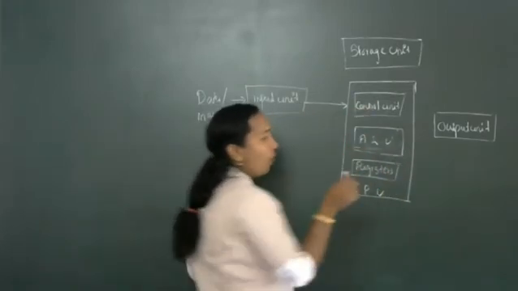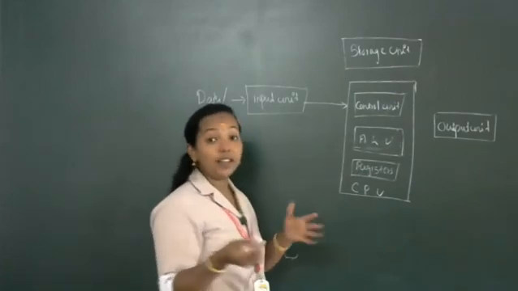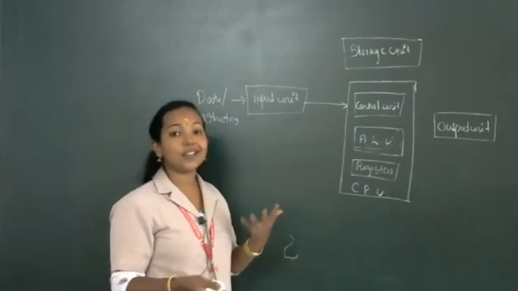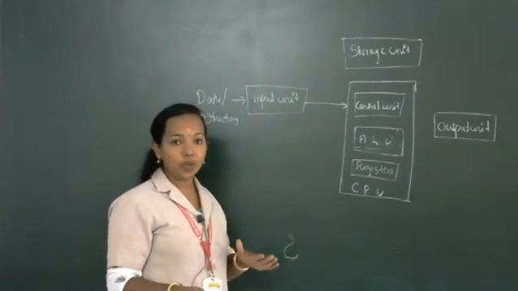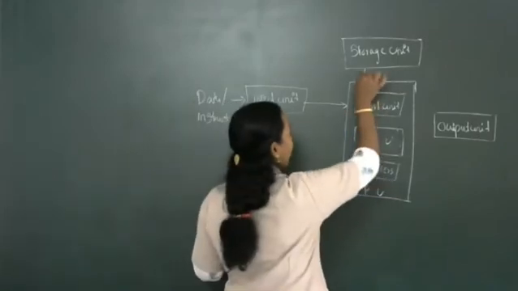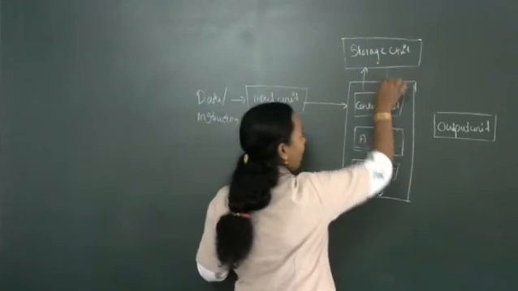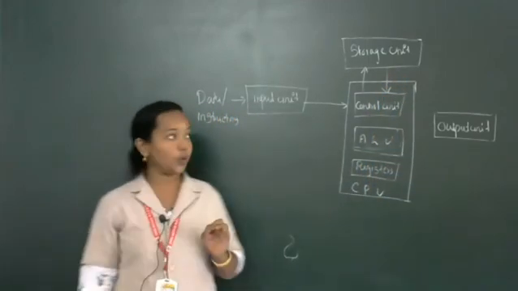Here you already know that when we are sending data and information into data processing, the third step is storage. So when we are inputting data into the computer, automatically it is stored in a storage device. Then after the processing, we can also access data from the storage unit.